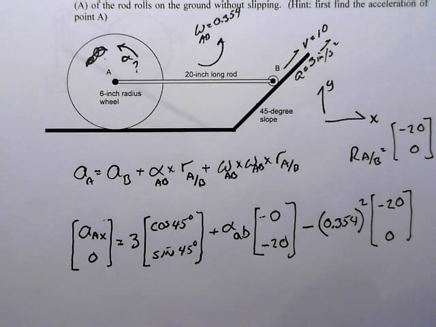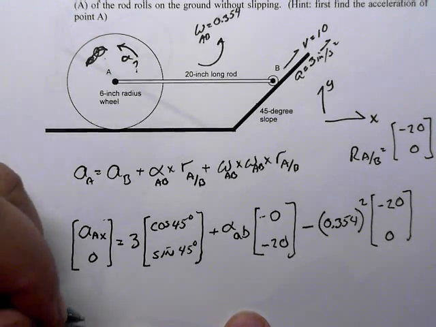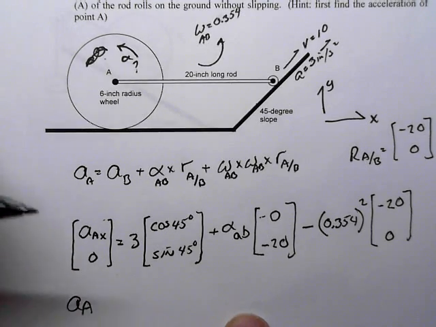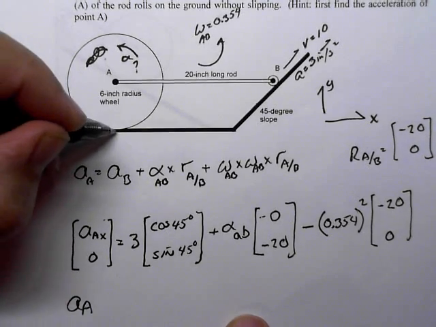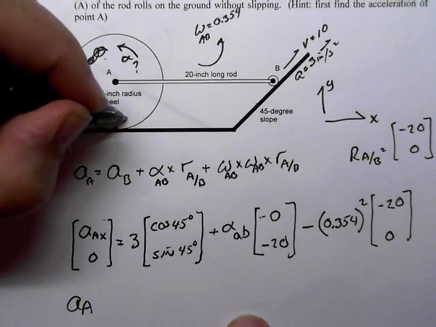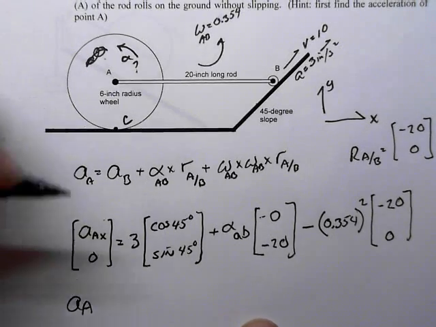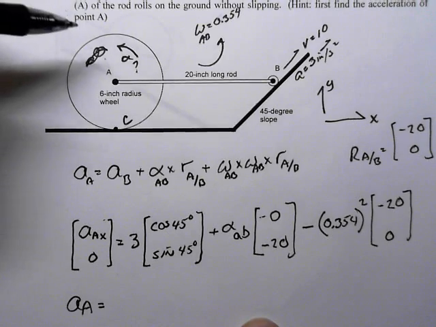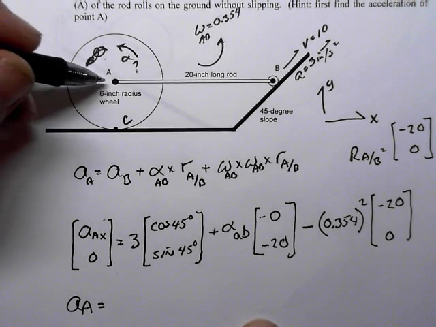Now, if I want to, I could write this out in vector form, and I think I will, and say that the acceleration of point A from the point of view of, let's call this point C, is equal to, let's see, do we really want to do that?